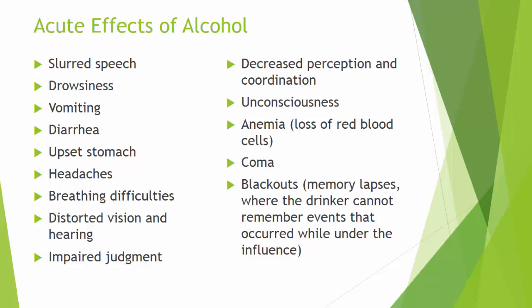Whether it's the brain and developing slurred speech, drowsiness, headaches, and then you've got things like impaired judgment and decreased perception and coordination, even to the point of unconsciousness and coma. And also with tremendously high amounts of ethanol consumption, people can even develop blackouts where the brain is affected such that you wake up somewhere and you don't even know how you got there. You lose time. So it can affect the brain.